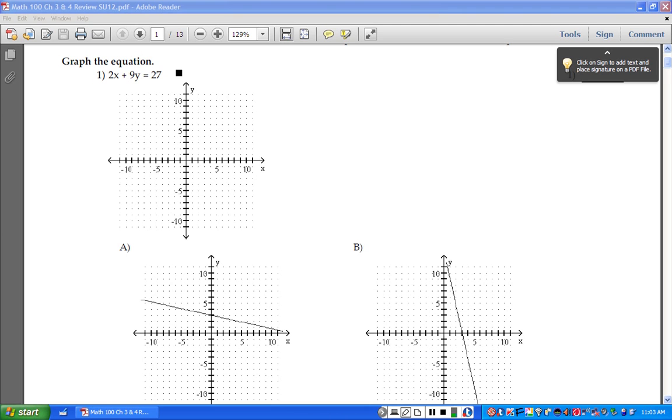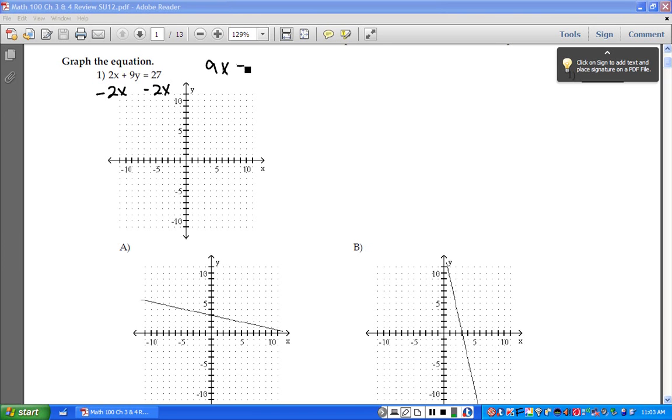With this problem, I would basically use slope-intercept form to graph this equation. So slope-intercept form, I want to get the y by itself, so I subtract 2x from both sides.